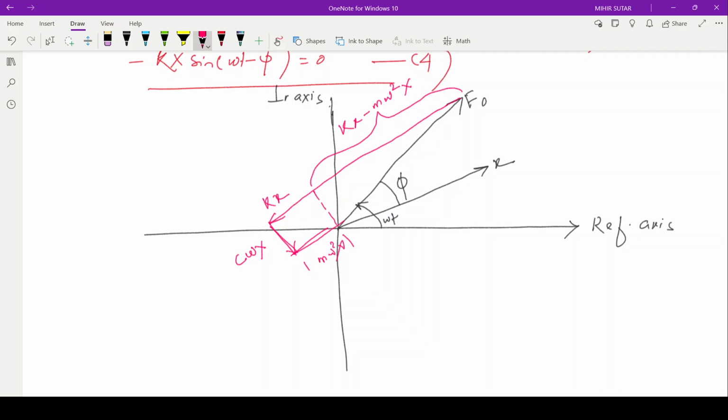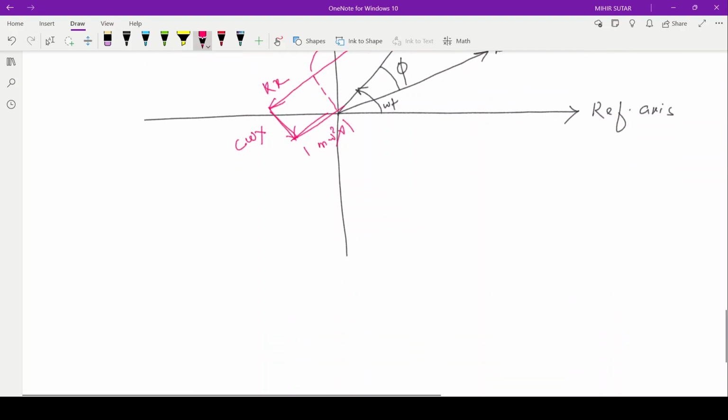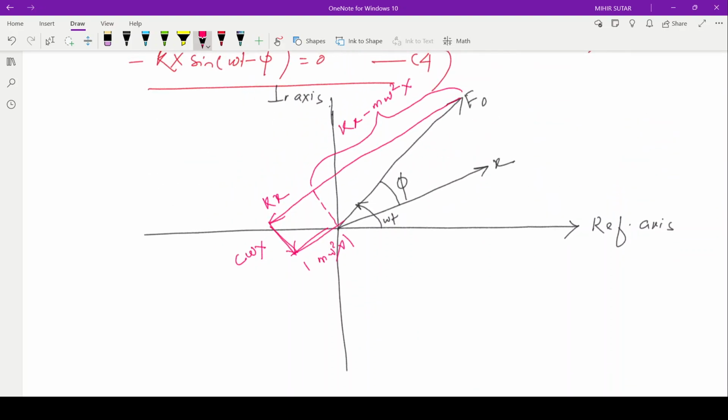So this is how you can plot the vectorial representation of the graph. So from the figure, you draw it first.